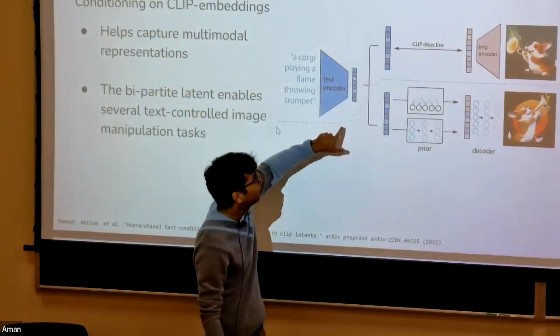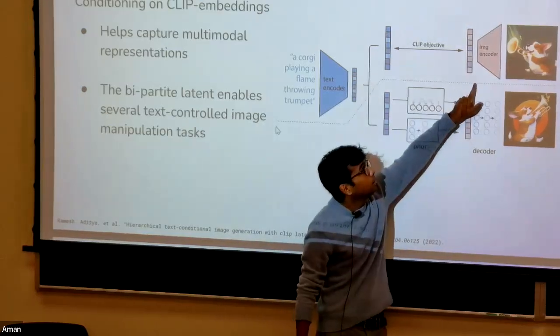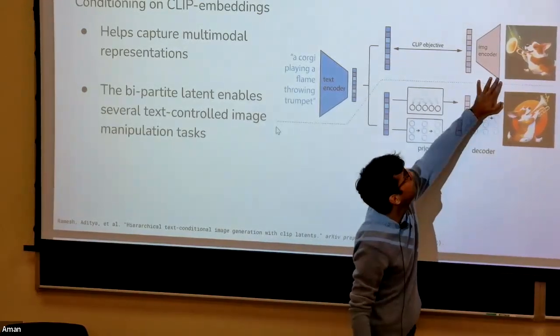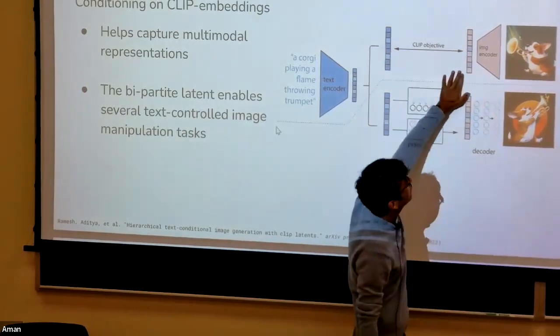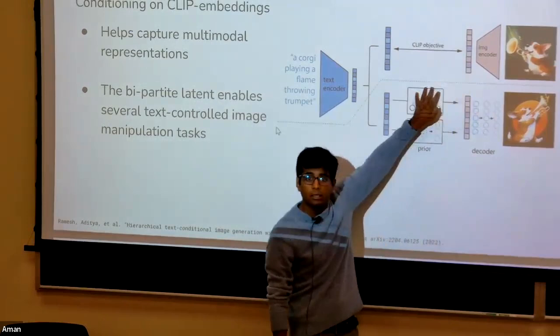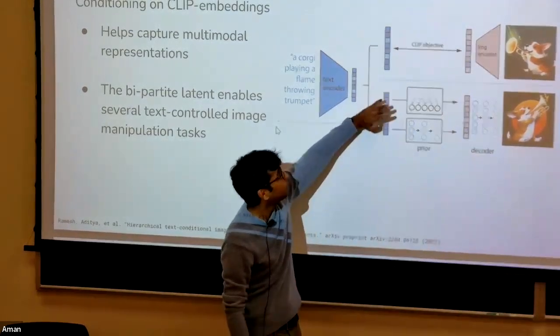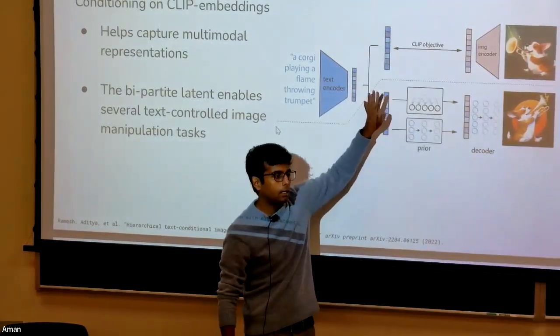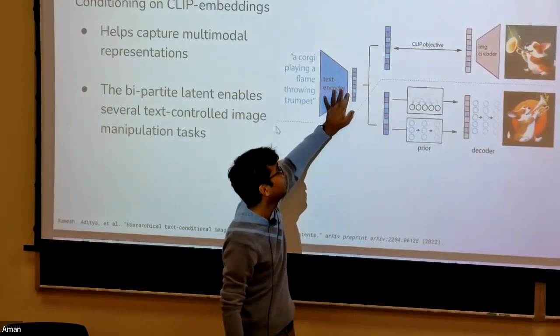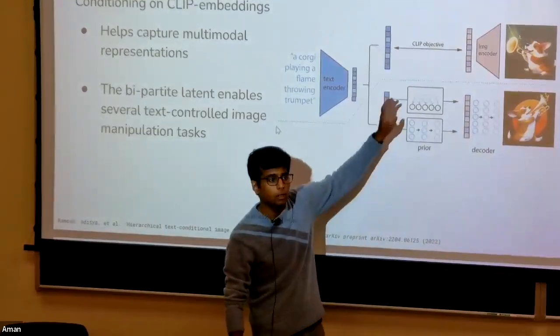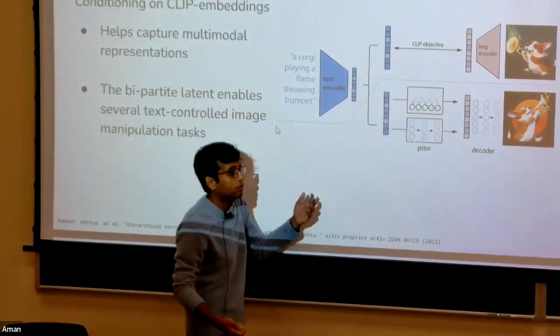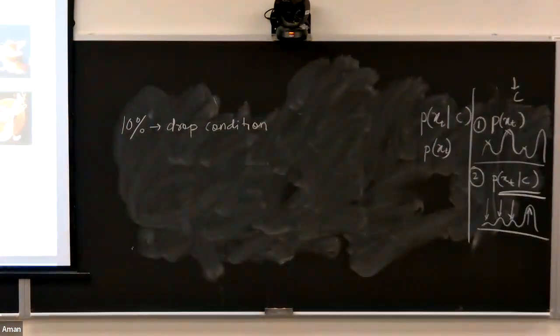So to do that, we train a clip model, which is taking the image, encoding the image into a representation, and then applying a clip objective that we have already seen in previous classes to train a multimodal alignment model, which can tell you the similarity between a given text caption and a given image, right? So once you train a model like that, you can assume that this representation that the model is generating is very informative of what kind of images it goes with.